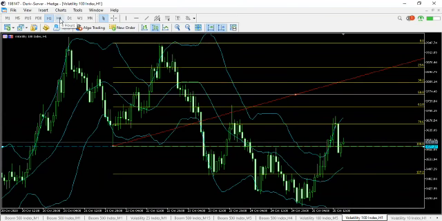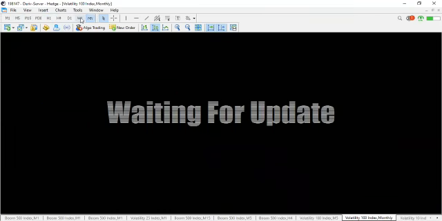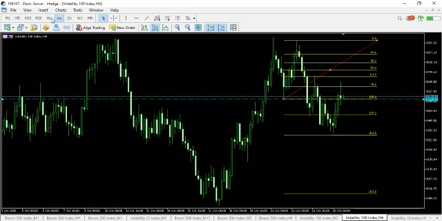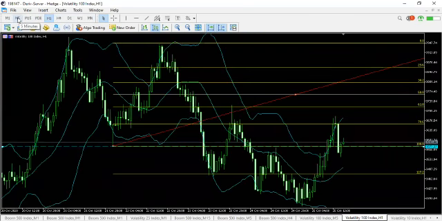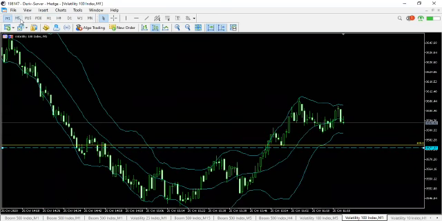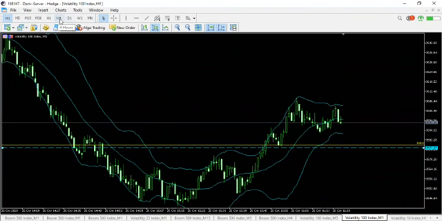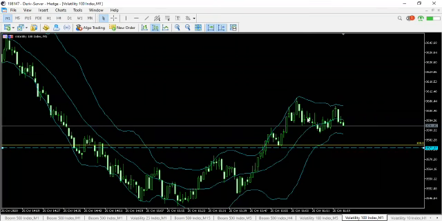So you can draw your Fibonacci on any time frame, on the monthly, weekly, daily, H4, H1, M30, all the way down to the M5, even on the M1, okay? But bear in mind that the higher the time frame, the stronger the signal from the Fibonacci.